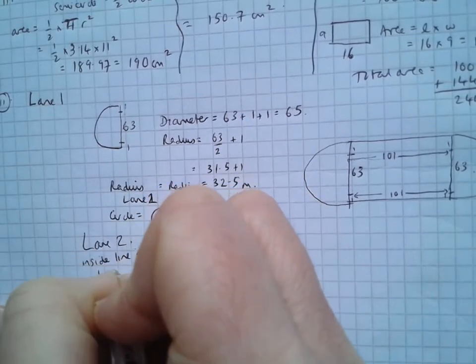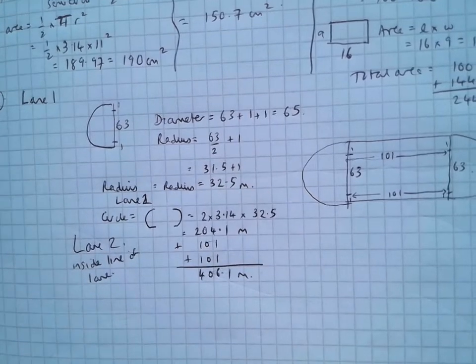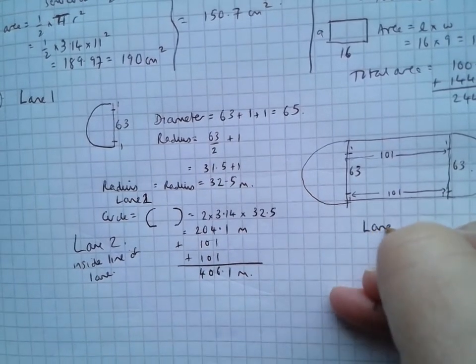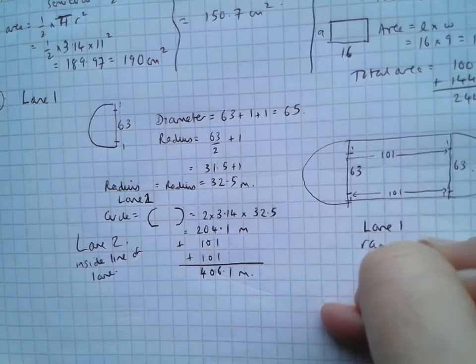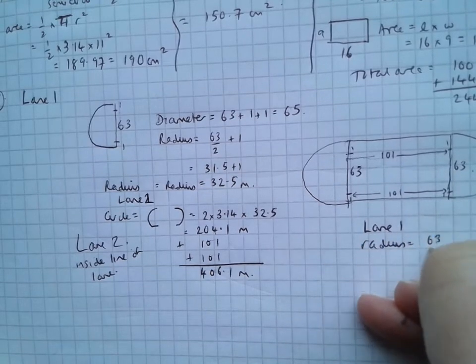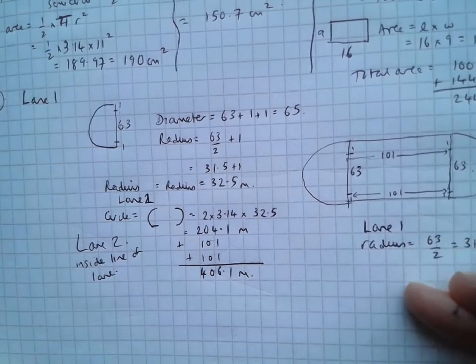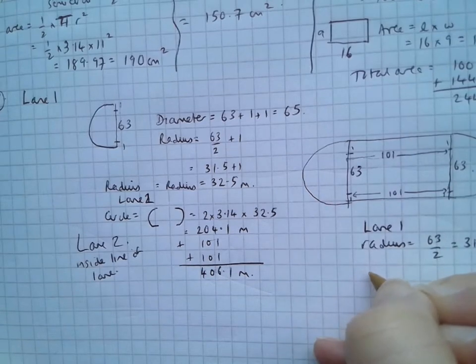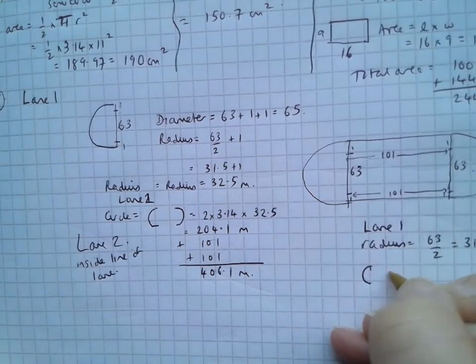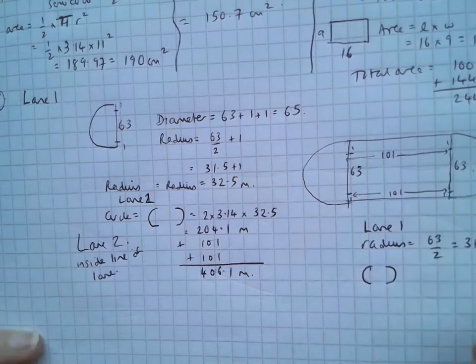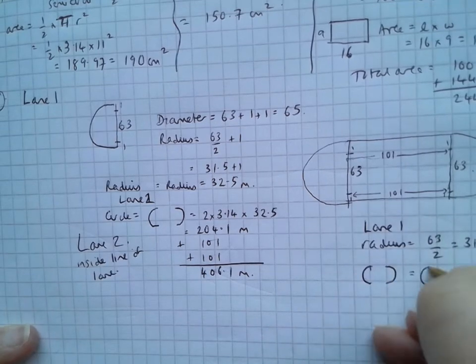Okay, so let's go back over here to look at lane 1 then. We'll have a radius of 63 over 2, which is 31.5. So it's again this end and this end, two semicircles make up a full circle of radius 31.5.